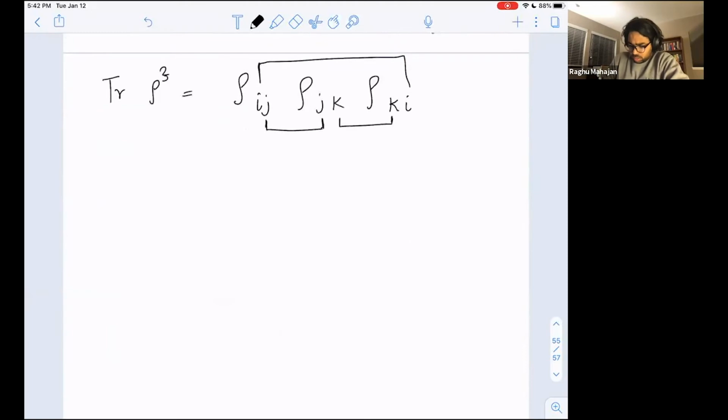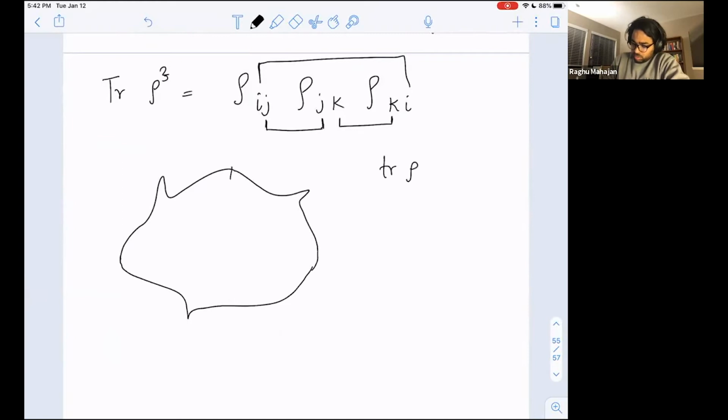The way it's usually drawn is that here I'm drawing one copy of the boundary, and here is a second copy, and then maybe there's a third copy. So this is like computing trace rho cubed, where these kinks represent the fact that the boundary conditions may not be constant. There may be some non-translation-independent boundary conditions, depending on what exact state you're considering.